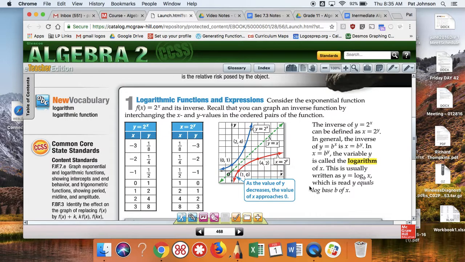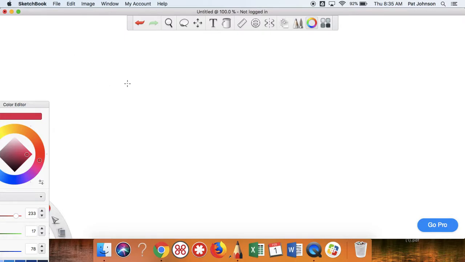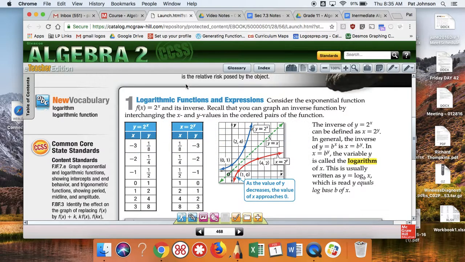And this is important because when we have x equals b to the y, y is called the logarithm of x. So that's what a logarithm is: it's the inverse of the exponential function.